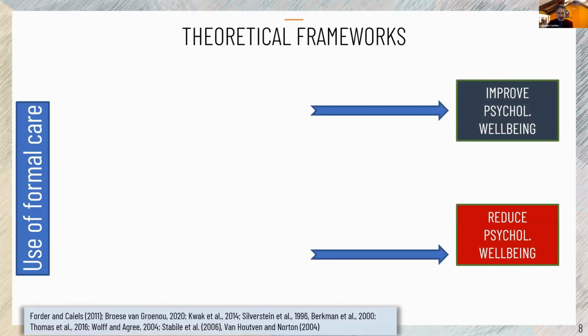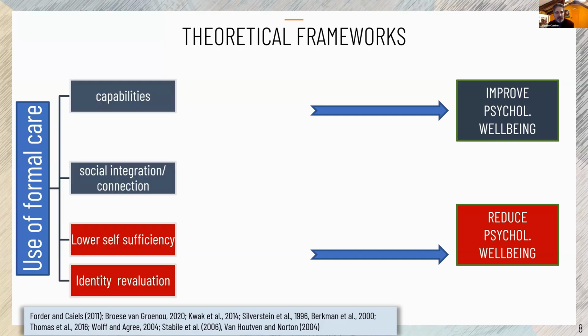Actually, I'm not going to spend time on this, but the sociological and gerontology literature, and many other disciplines, point out that receiving formal care might be beneficial for psychological well-being, but it might also be detrimental, for different reasons. Receiving care might increase people's capabilities.